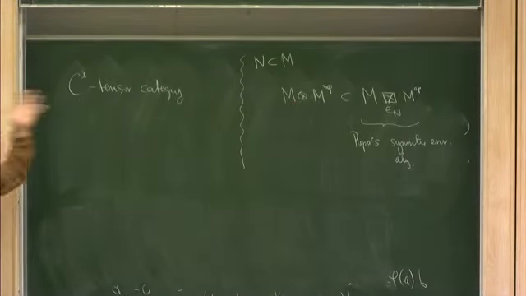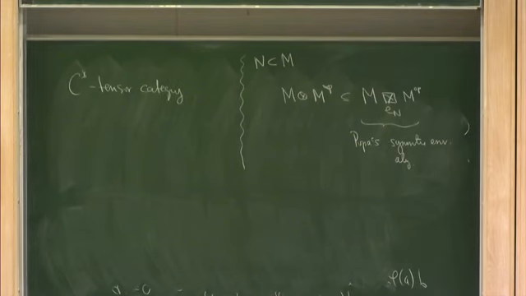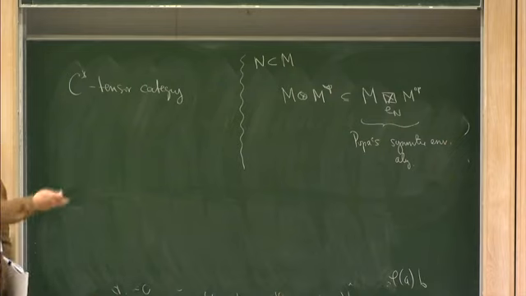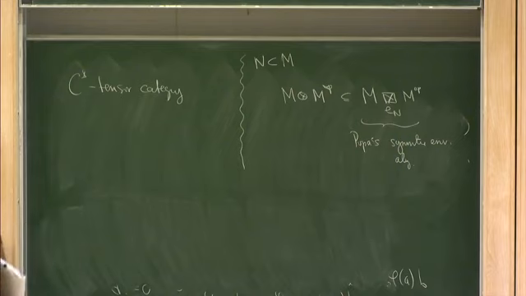In what way are they distinct? I told you that if you start with a subfactor created from a group, the C star tensor category will be just the group. The irreducible objects will be the elements of the group, and the tensor products will simply be the product of the group.